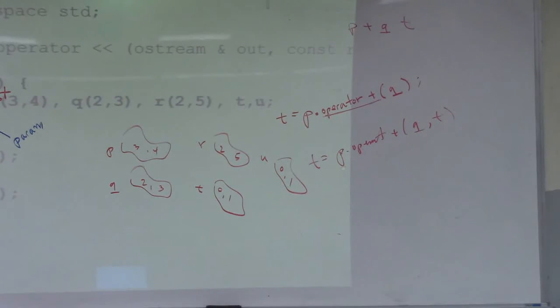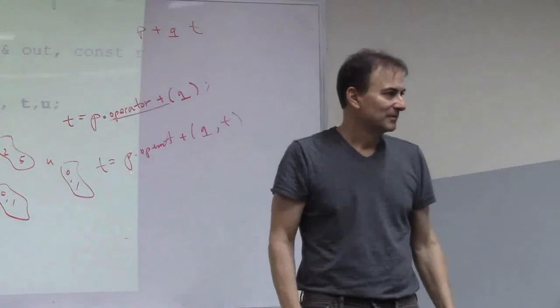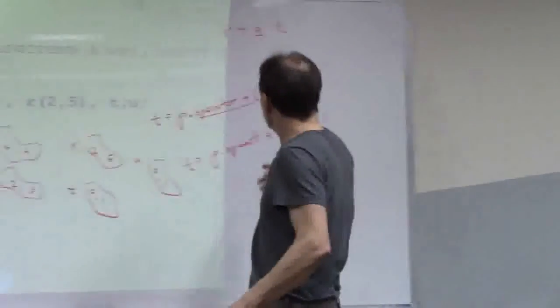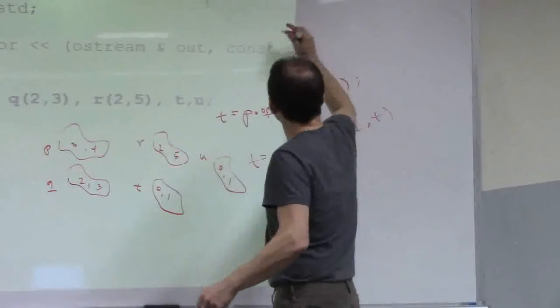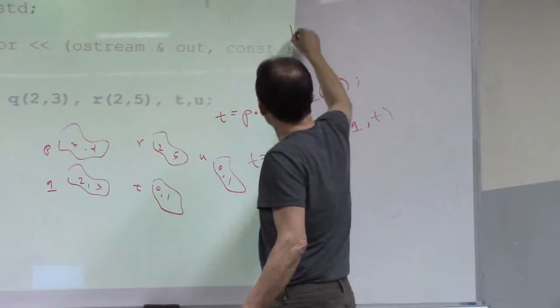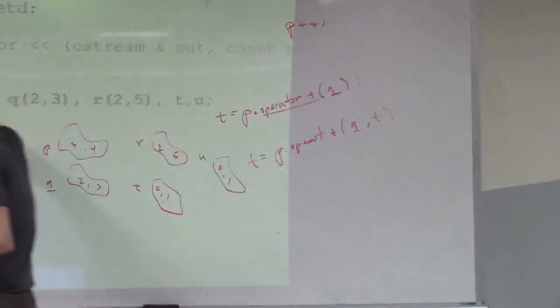So you can override or overload the operator, but it has to be done within the syntax of the language. If it doesn't work for ints, it won't work for anything else. If it works for ints, it will work. For example, let's say you wanted to have code that looks like this. You created your P, and you said P plus plus. Now P is a rational object.